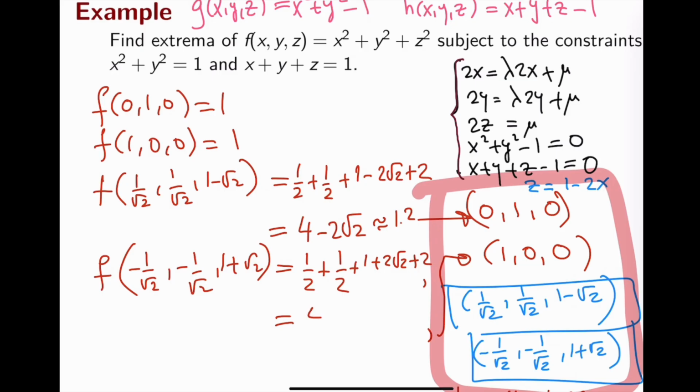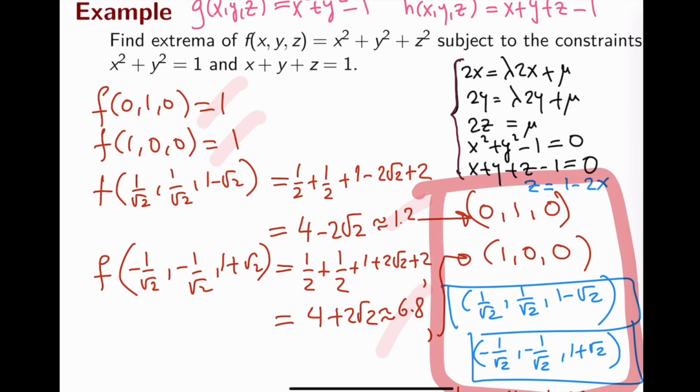And so this is going to be 4 plus 2 square root of 2. That is approximately 6.8. Okay, so now is where we need to look at all the values that we got, right? So will be the value 1, the value 1, the value 1.2, and the value 6.8. So we can decide now which one is the minimum and the maximum.